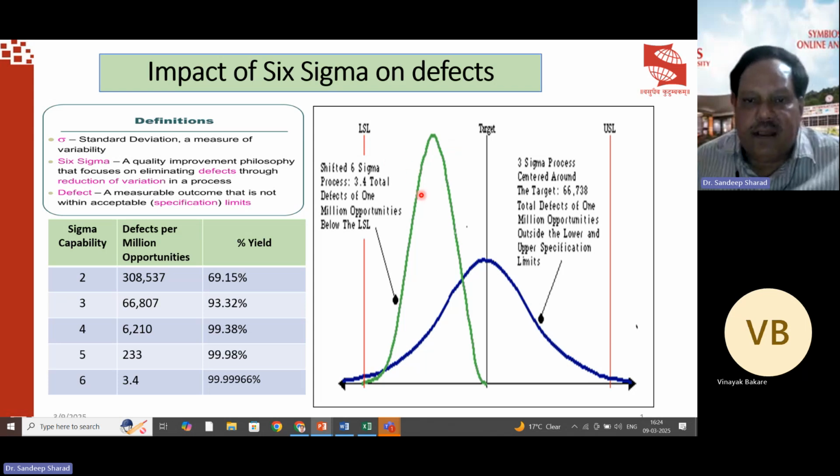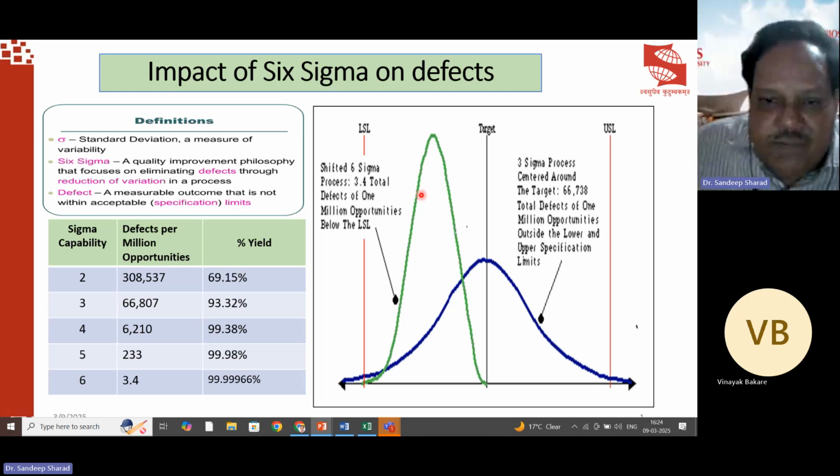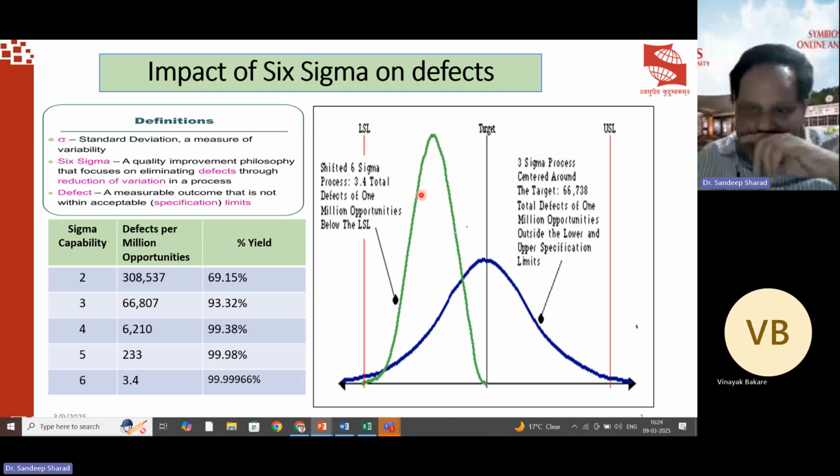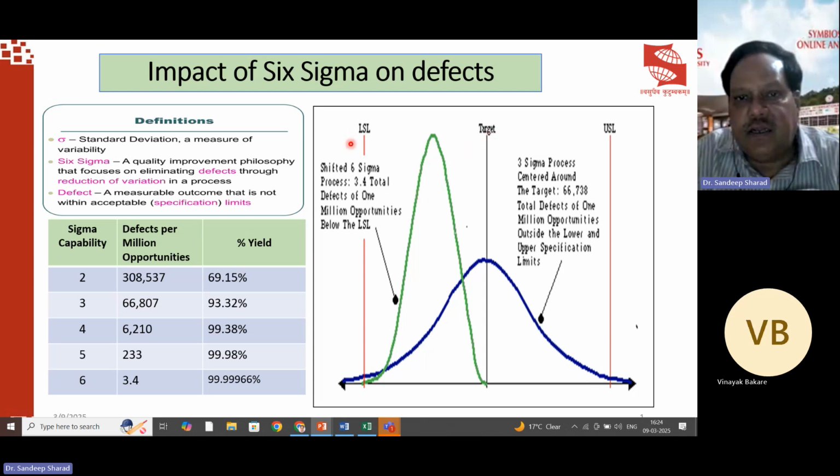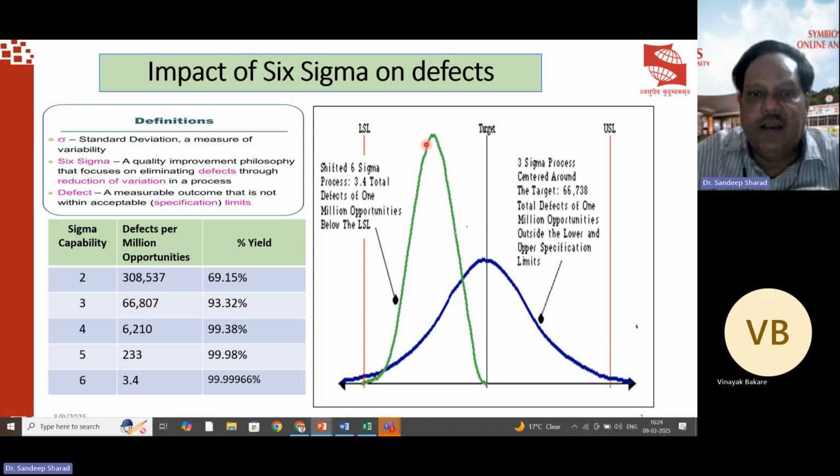Suppose there is a cement bag that you are going to fill to 50 kg, with variation of plus or minus 20 grams. If the mean shifts between the target and the LSL, then most of the bags being filled will have lower weight than 50 kg, maybe minus 10 gram, minus 15 gram.